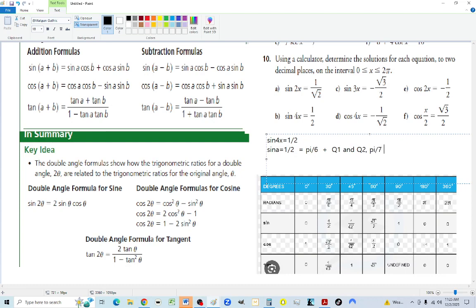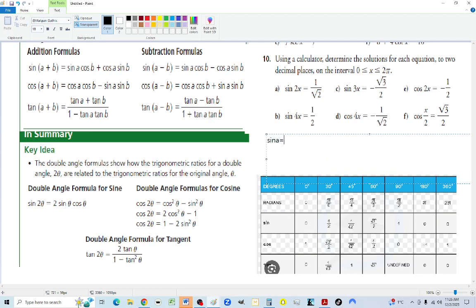Pi over 6 and 5 pi over 6. Okay, now we go back and we convert. If 4x is equal to pi over 6, x is equal to pi over 24. And if 4x is equal to 5 pi over 6, x is equal to 5 pi over 24. So those are the two answers. So you have to do the angles separately. And eventually you'll have to use the double angle formula.